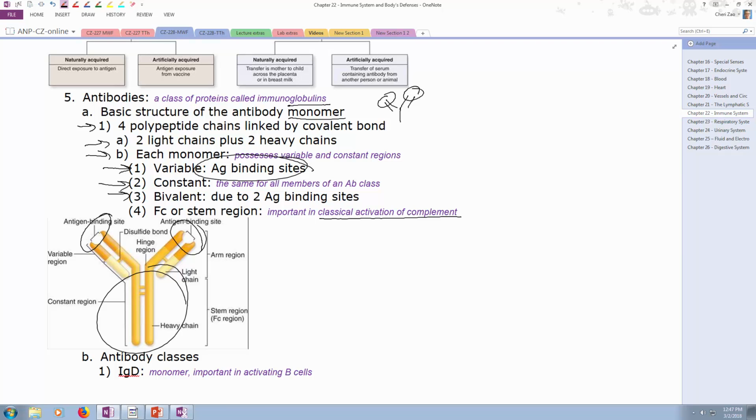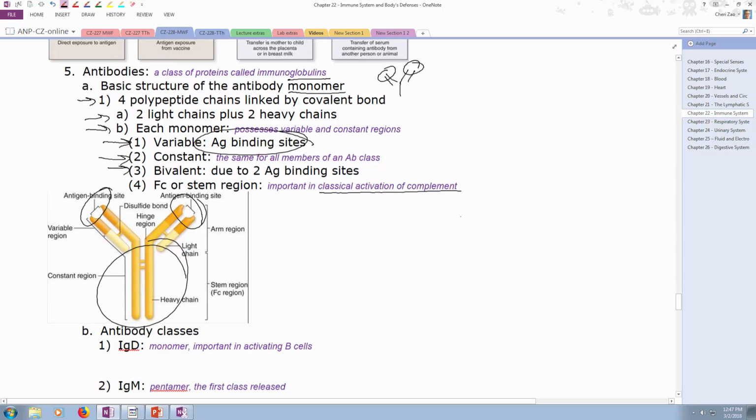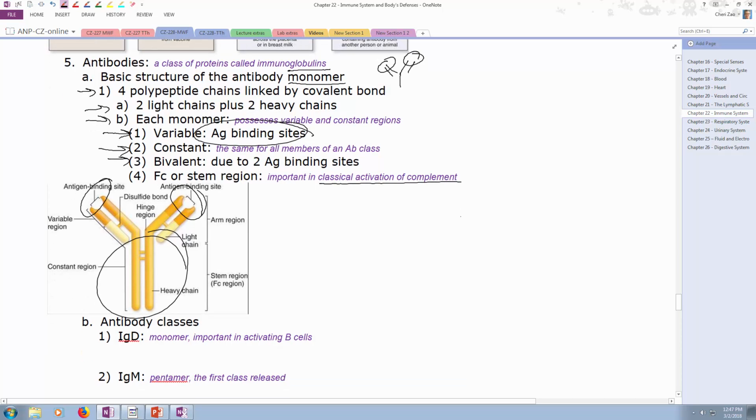Now, a monomer is a building block, and it's bivalent, so 2 antigen binding sites. And what's interesting, we have different classes of immunoglobulins that are based on the constant region of the immunoglobulin. So we have different antibody classes, but when you take a look at a class of antibodies, their constant region is all the same. That's how we define their class.